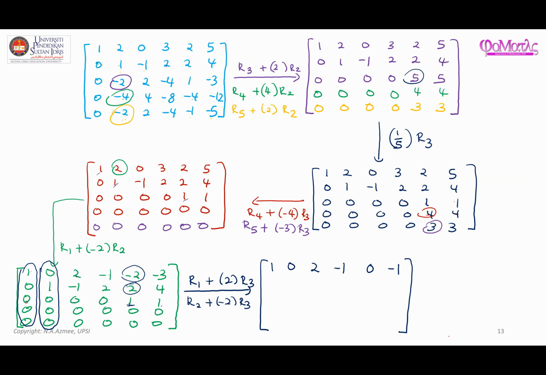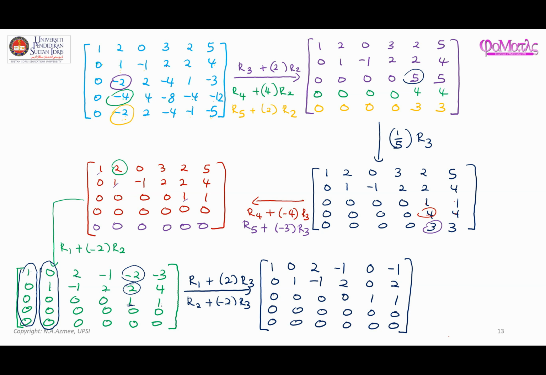Well, 0 and 0 is 0, 1, 0 is 1, -1 with a 0 is going to be -1, 2 and 0 is 2, 2 minus 2 is 0, 4 minus 2 is 2, and here are the remaining values, which are all 0.